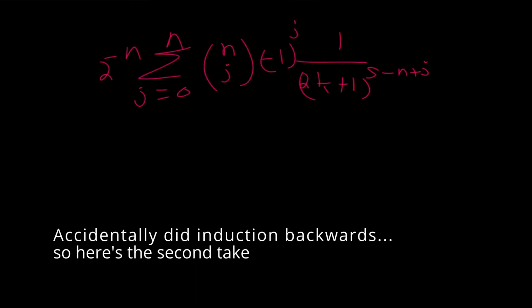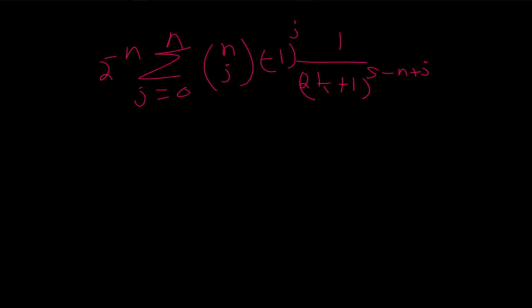Here we go again. To actually prove this by induction, we first need to figure out what the next term in this sequence should look like. So instead of starting with the formula we just derived, what we're going to do is consider k to the n plus 1 over 2k plus 1 to the s.